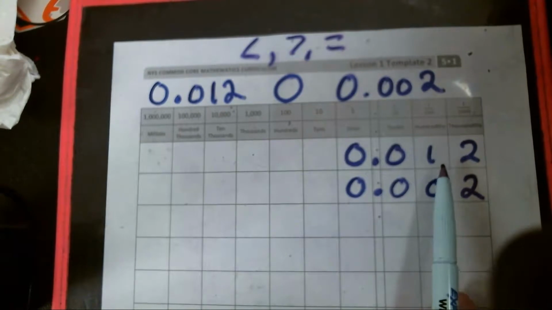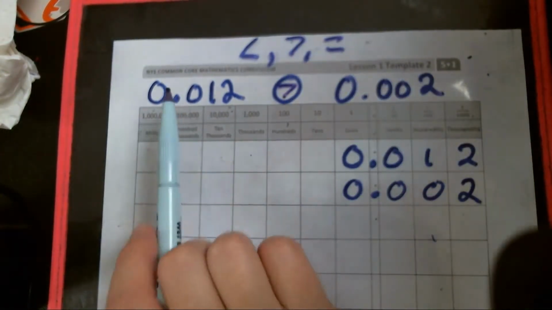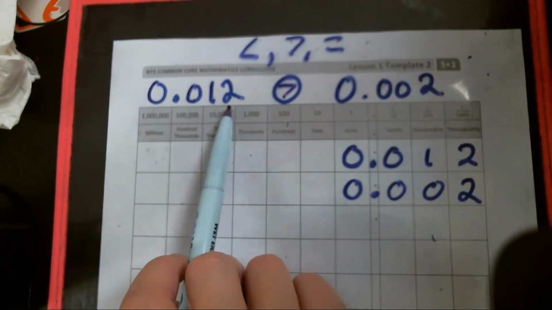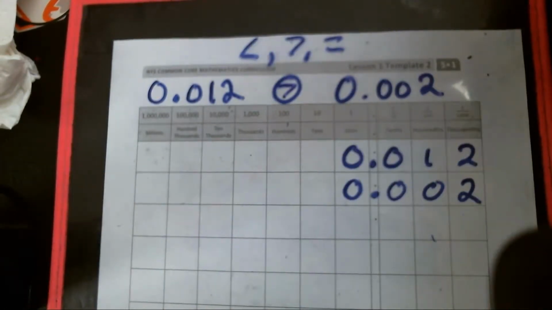I'll think about, is 1/100th less than, greater than, or equal to 0/100ths. I know that 1/100th is greater than 0/100ths, so I will put the greater than symbol here. And then this completes my sentence up here, so I have 12 thousandths is greater than 2 thousandths. And that completes this number sentence.